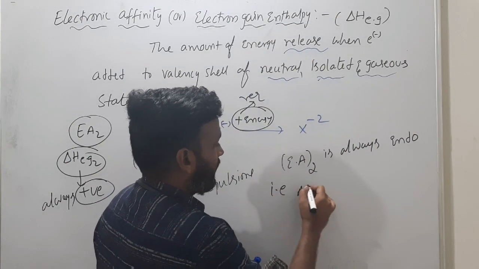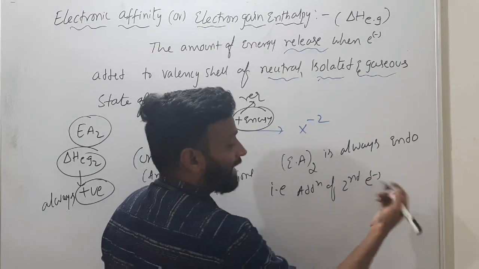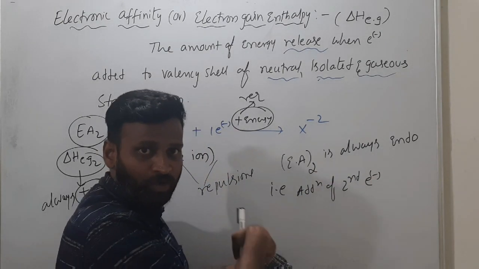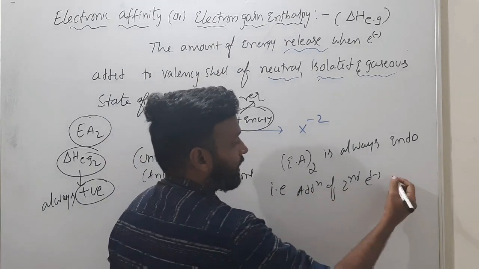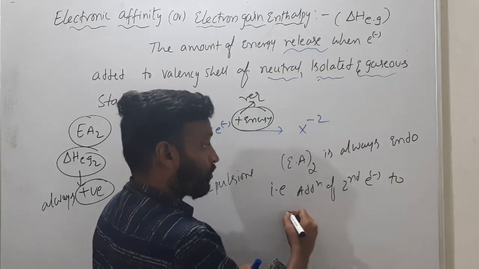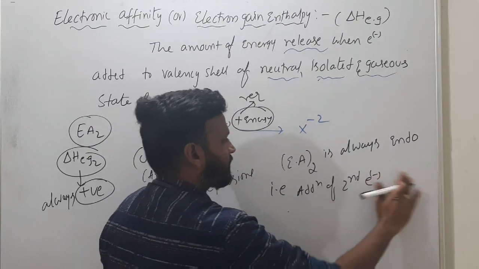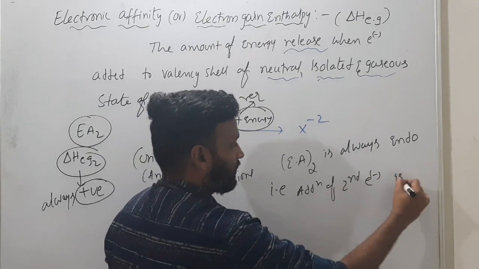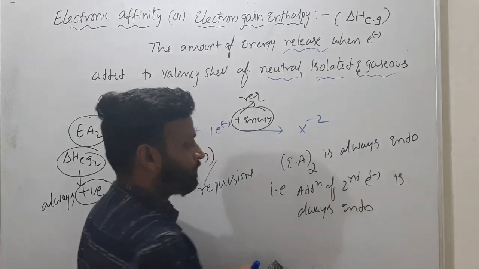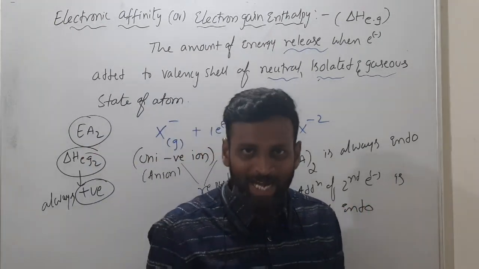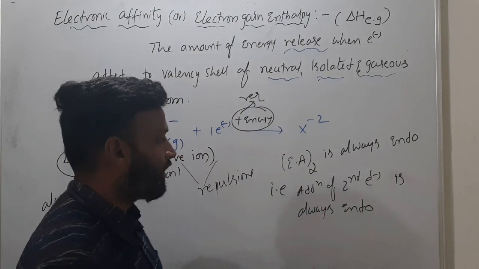Always endo means what? Addition of the second electron: first electron is for a neutral atom, second electron is for an anion. Addition of the second electron is always endothermic.